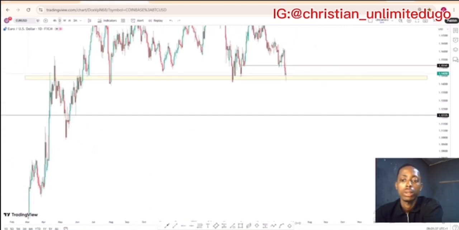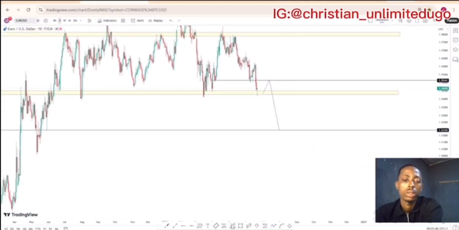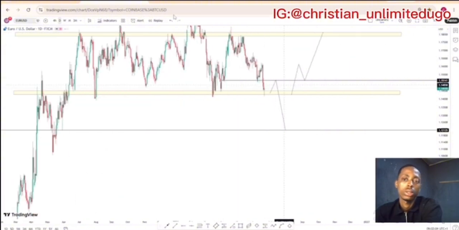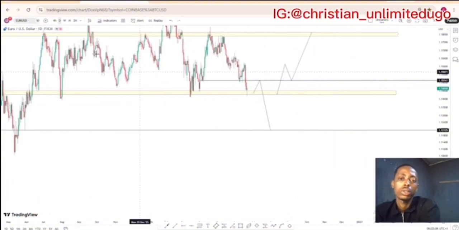Either the market pushed all the way here, hold it here, and we head it down to here, or the market pushed it all the way here to this high, come back to this level and start heading up here. So this is my bias on the Euro USD. It all depends on this level.